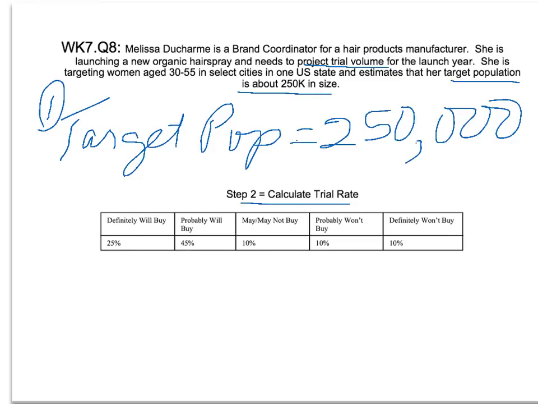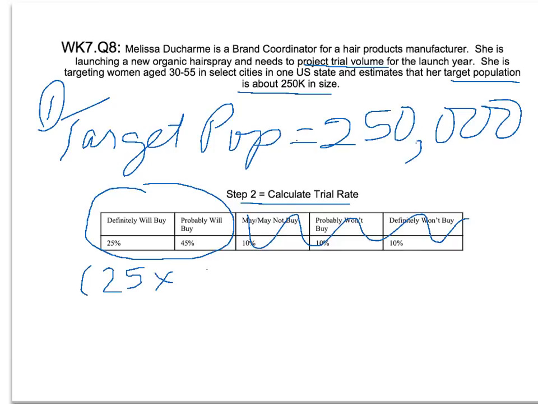The next step is to calculate your trial rate. You've done some surveying, and you see that 25% have indicated that they will definitely buy, and 45% of those surveys indicated they probably will buy. We just eliminate the rest and take a look at the 25% who definitely buy. We adjust that because we know only about 80% of them do end up buying. 45% say they probably will buy.